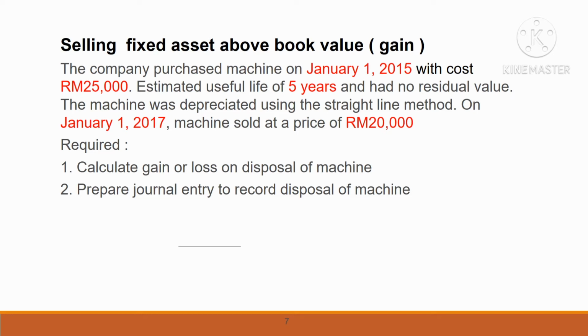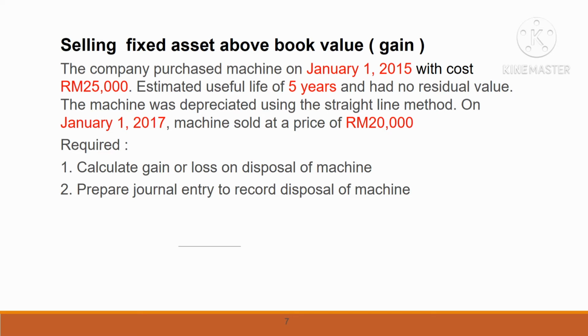On 1st January 2017, the machine was sold at a price of RM20,000, or we receive cash RM20,000. So we are required to calculate gain or loss on disposal of the machine. And the second one, prepare the journal entry to record disposal of the machine.